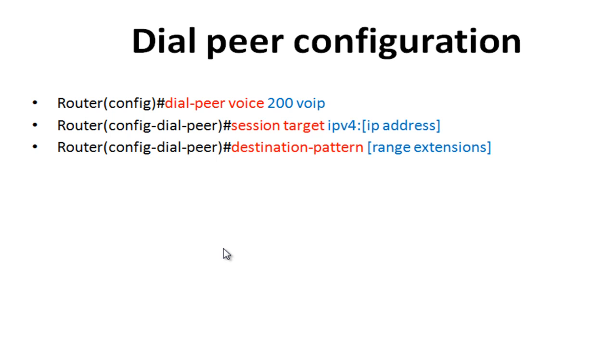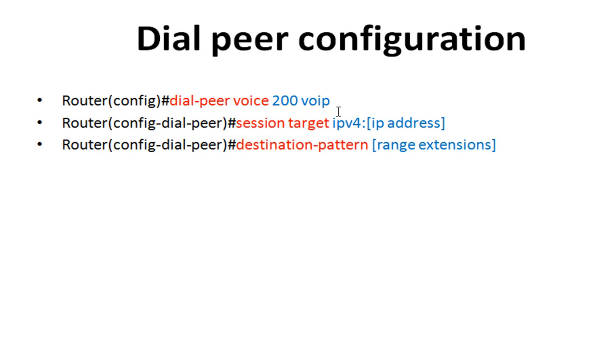In order to configure the dial pair, we use this command called dial-peer voice, and this command takes 2 parameters. The first parameter is a tag, which I'm going to show you when we go through the configuration, and the next parameter is what we call VoIP, because we are working with voice over IP.